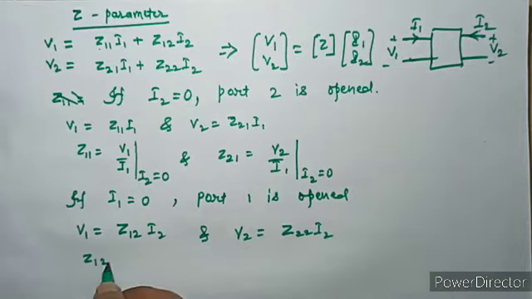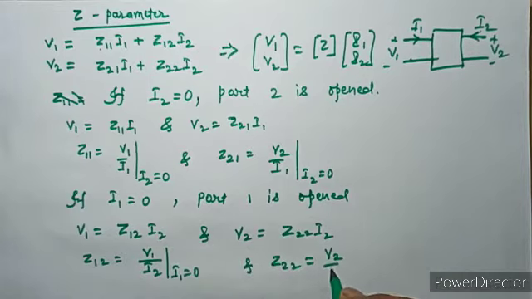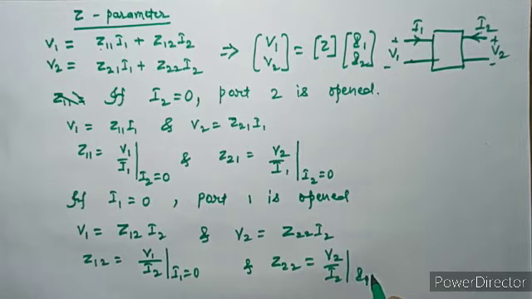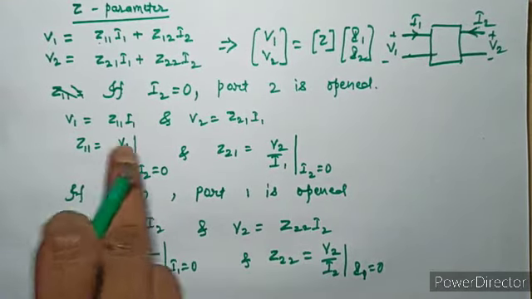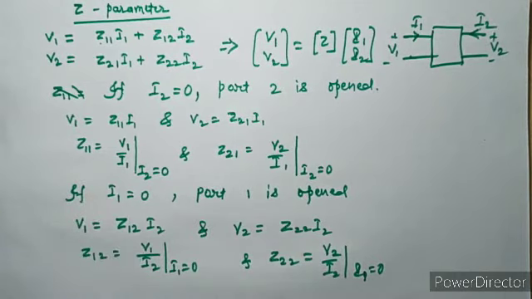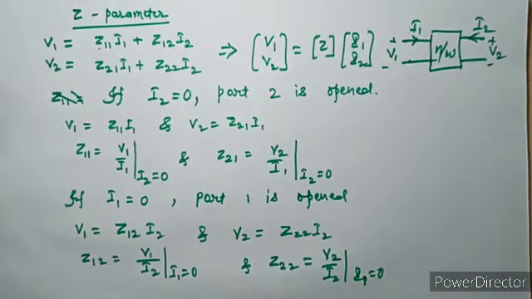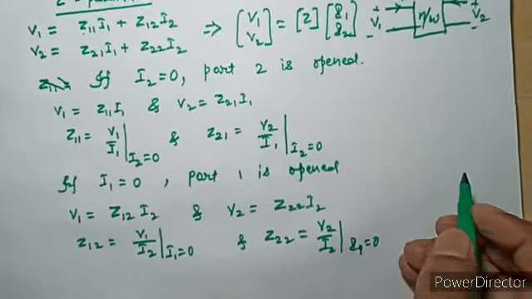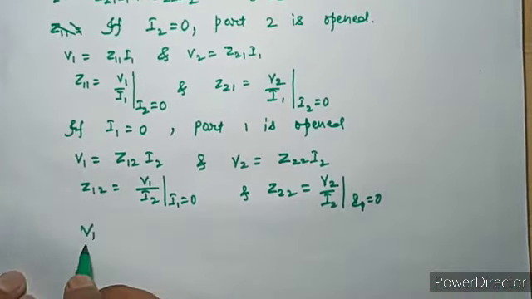From here our Z12 will be V1 by I2 when I1 is equal to 0 and Z22 will be V2 by I2 when I1 is equal to 0, right? So these four parameters are the characteristic parameters, the Z parameters of this network, right? Clear? Now we can write these four parameters in matrix form.